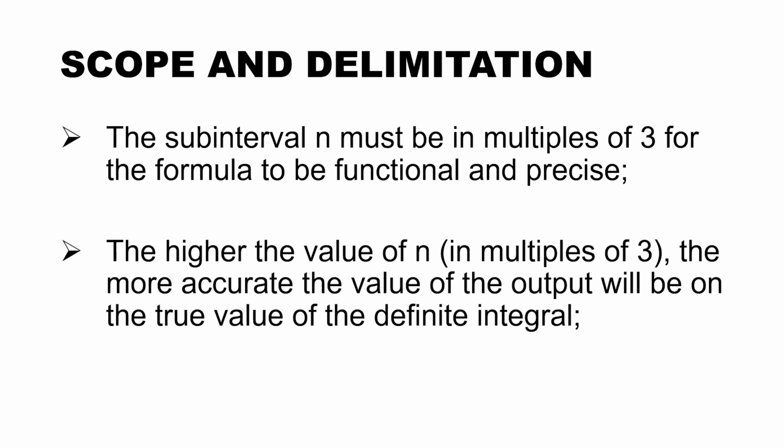The scope and limitations of this program for Simpson's 3-8 rule. First, the subinterval n must be a multiple of 3 for the formula to be functional and precise. Second, the higher the value of n in multiples of 3, the more accurate the output will be relative to the true value of the definite integral.